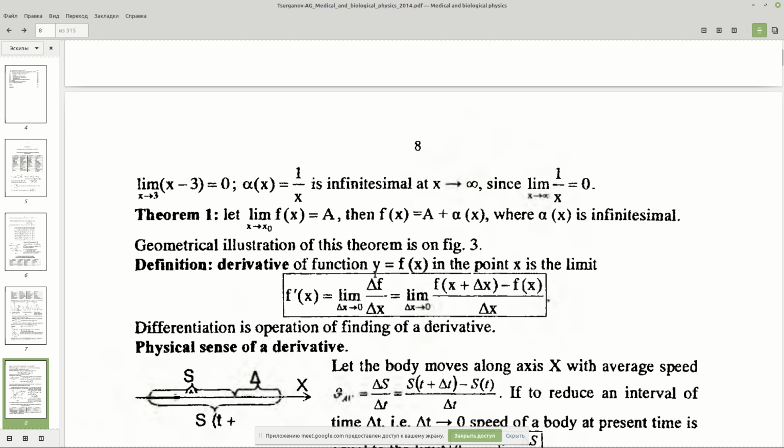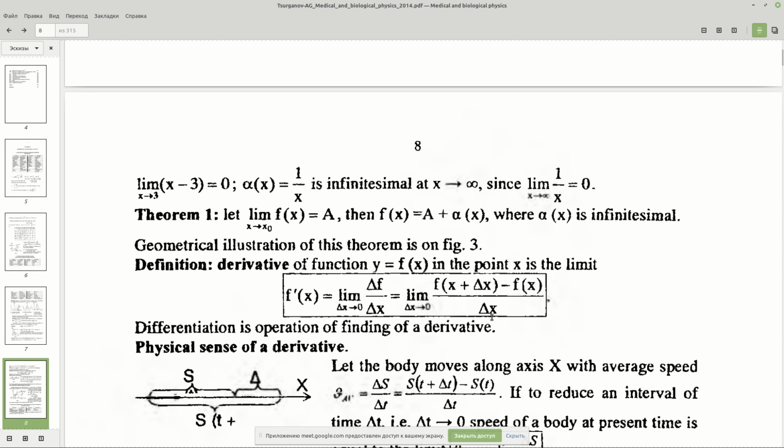Another way: the limit of the ratio of f of x plus delta x minus f of x, divided by delta x, when delta x goes to 0. Differentiation is the operation of finding a derivative.